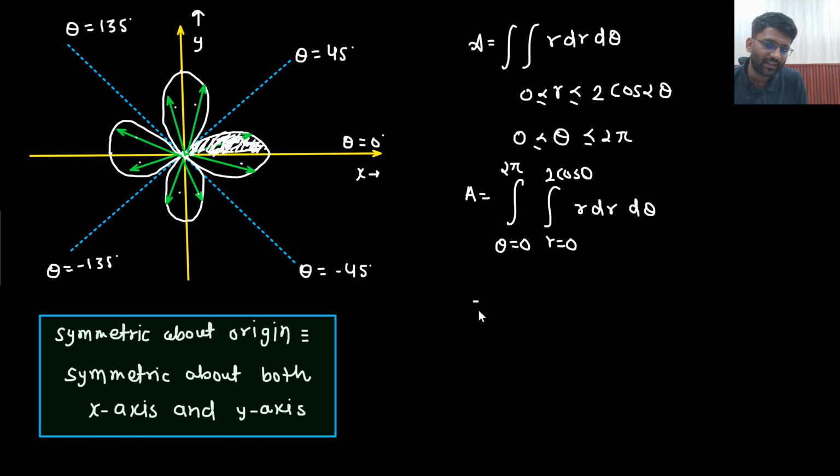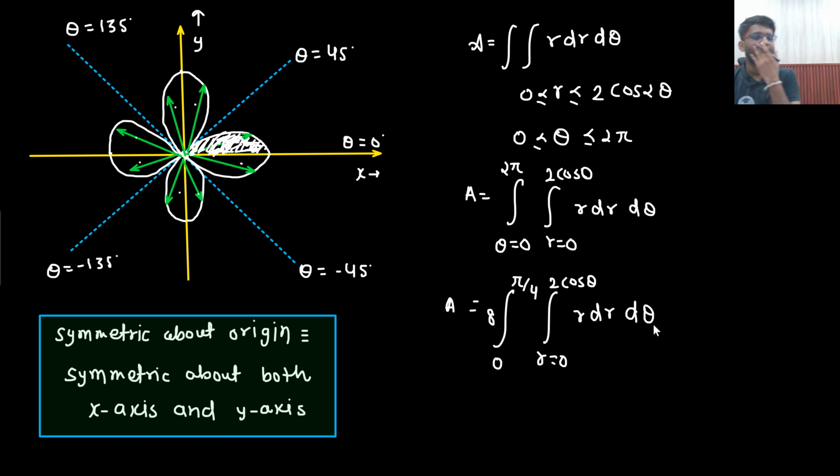Whatever area I get between 0 and pi by 4, I will multiply with 8. There is no harm in doing this calculation. Is that understandable to you or not? Absolutely, sir. Completely we are agreeing.